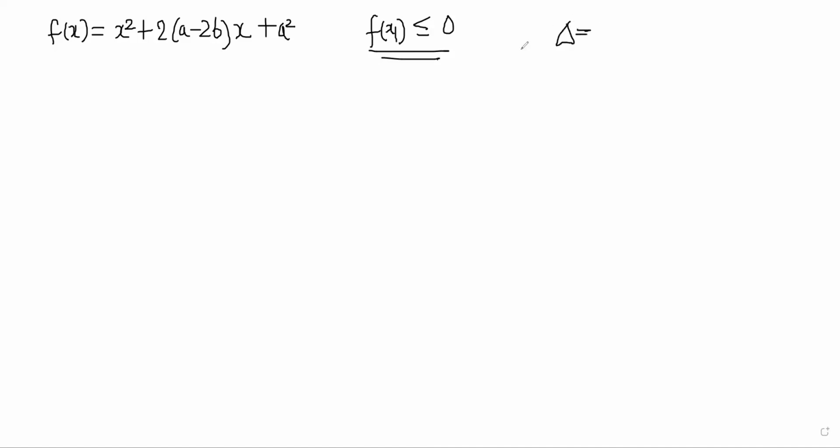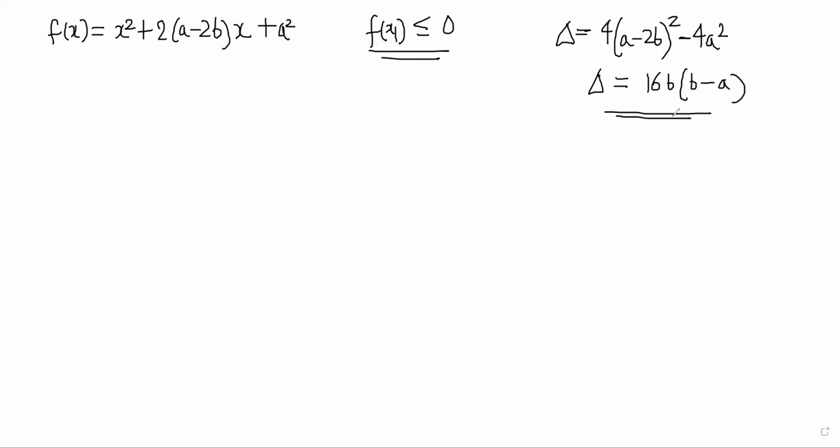We have f of x is equal to x square plus 2 times (A minus 2B) x plus A square. And we need to show that f of x1 is less than or equal to 0. Now the discriminant of this quadratic is basically 4 times (A minus 2B) whole square minus 4A square, which is equal to 16 times B times (B minus A). This is my discriminant.